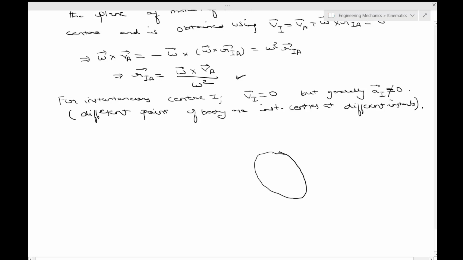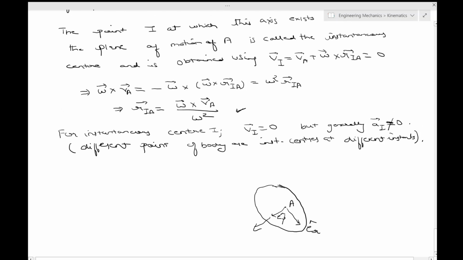You have the point A, you have ER hat, you have E5 hat. Now the velocity of A, which you see, is actually equal to omega into IA. Let me write all that separately first. I should just draw the coordinate system over here.